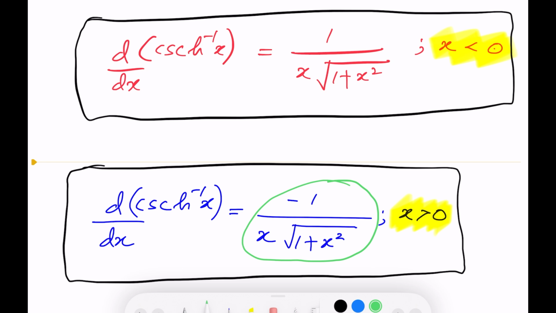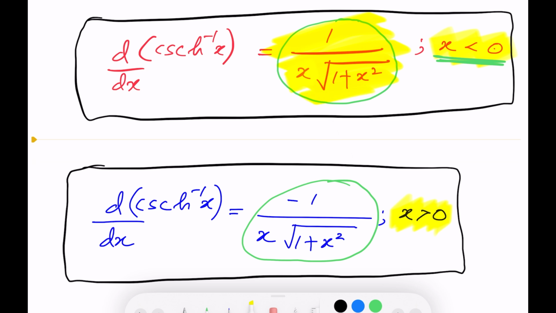If x is less than 0, what do you get if you differentiate hyperbolic cosecant inverse x function? Is this a positive answer? It is not a positive numerical value. When x is less than 0, you can see that right here this x term is going to be a negative numerical value. Therefore, this result also is going to give me something negative.